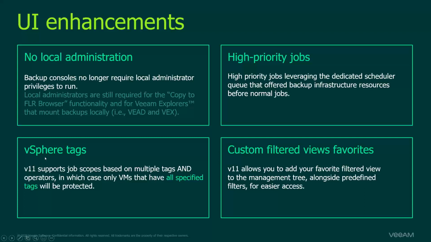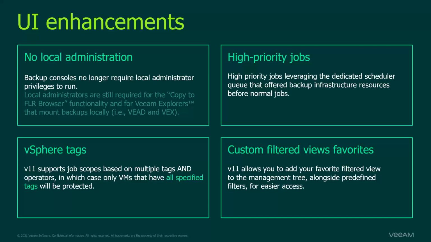vSphere tags are a personal favorite of our architect Luca Dell'Oca. He's been requesting this for quite a while now, and basically this feature allows you to enable multiple tags for a single job.